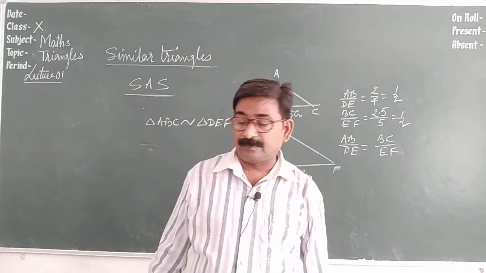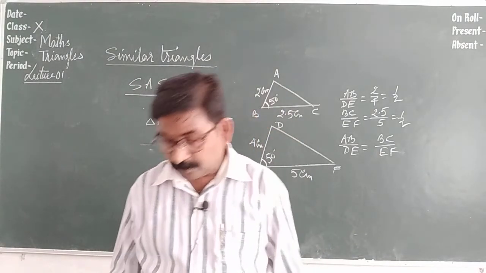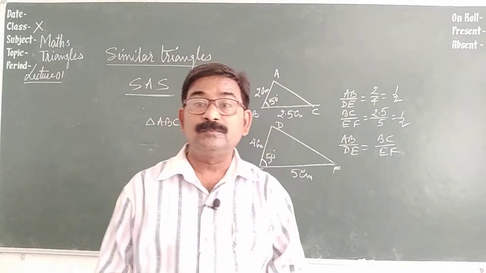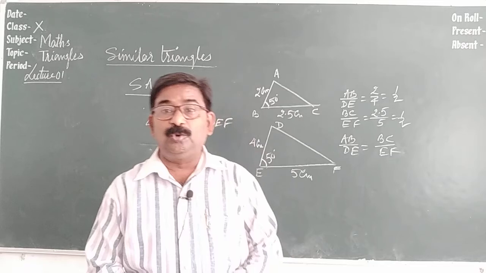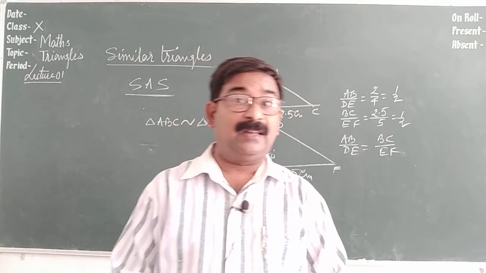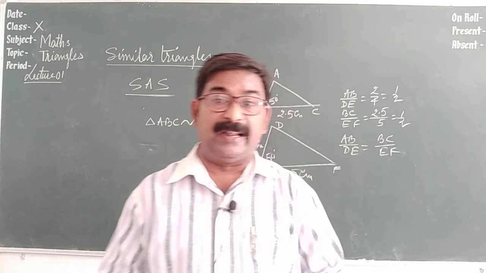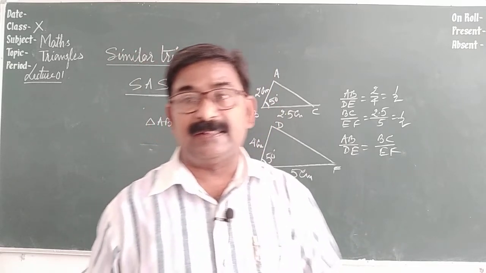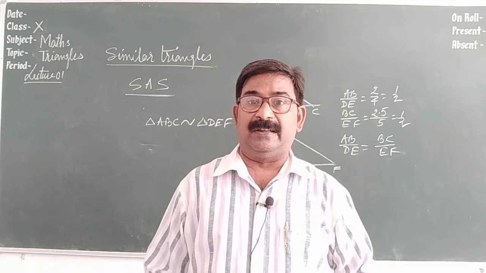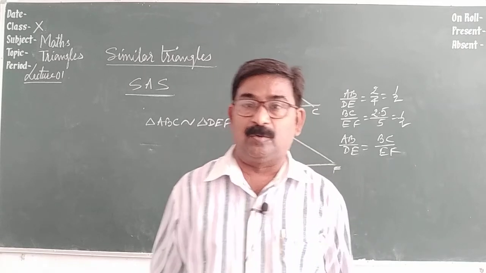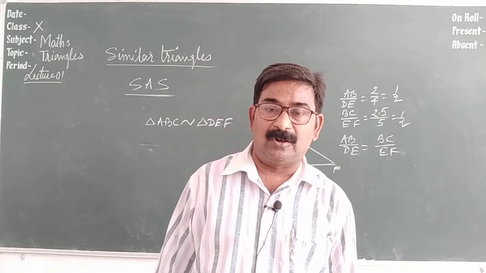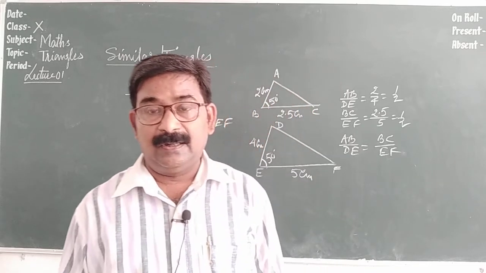Got it? Now let's convert the statement. If two triangles are congruent, then all their parts are equal. We say in short CPCT, corresponding parts of congruent triangles.